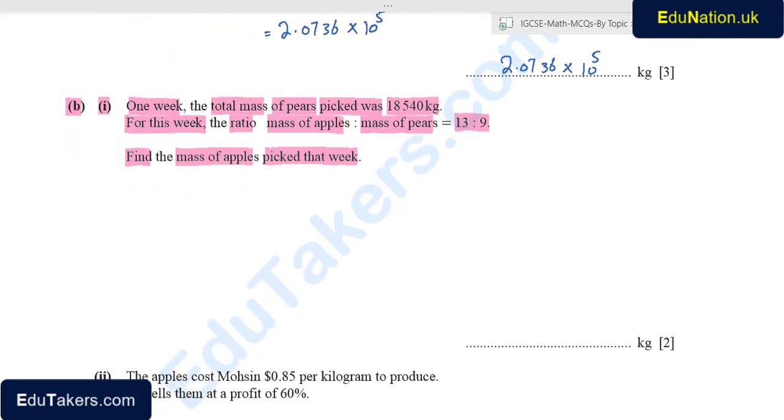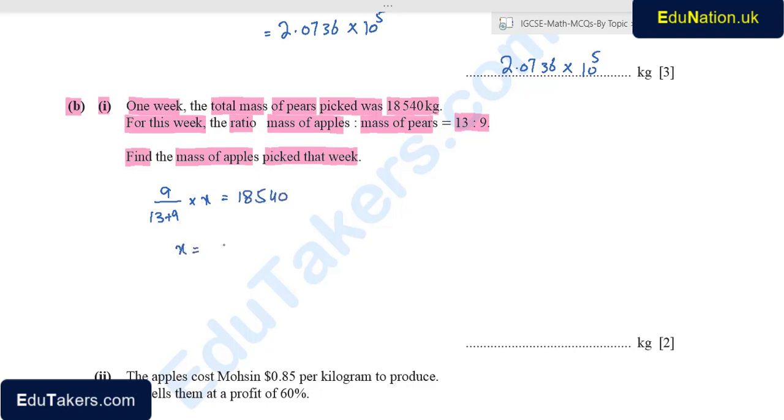Let's say the total mass is X and mass of pears was 18,540, which in ratio is 9. 9 over the sum of the ratio, 13 plus 9, of X equals 18,540.